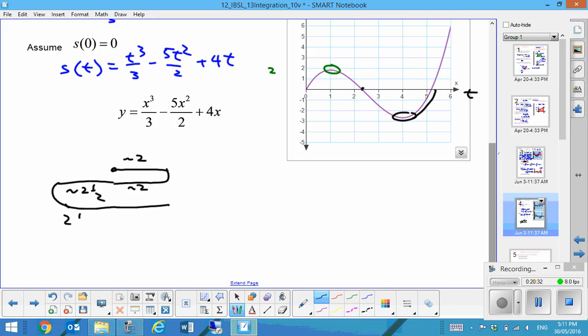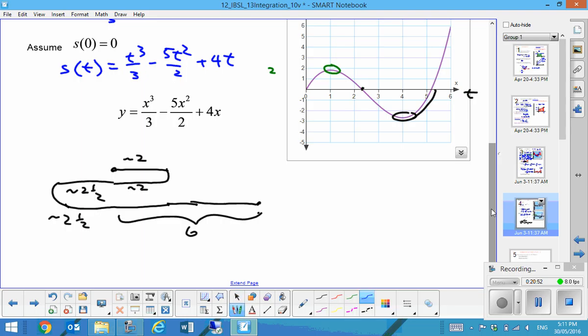So we've got another about 2.5 here, and where did we finish up? About 6. So this was 2, so we end up about 6 here. So this distance here is about 6 units.